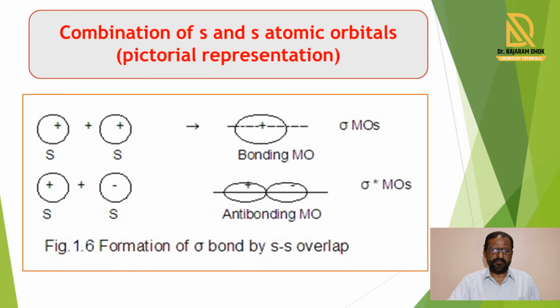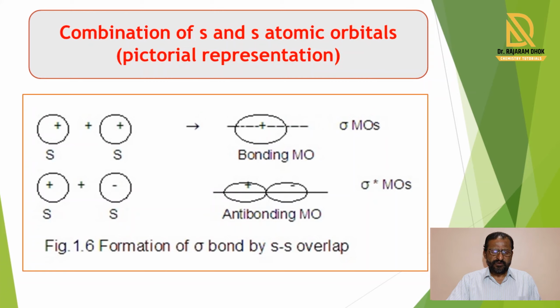When the wave functions of these two s orbitals are the same, that is plus plus, there is formation of a sigma molecular orbital, shown in this way. That is also called a bonding molecular orbital.